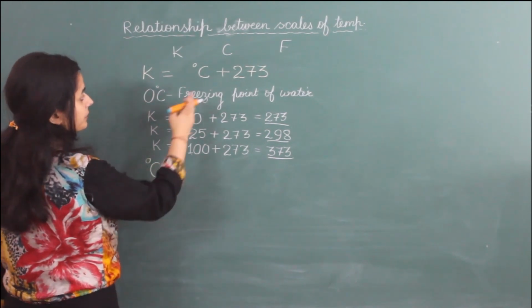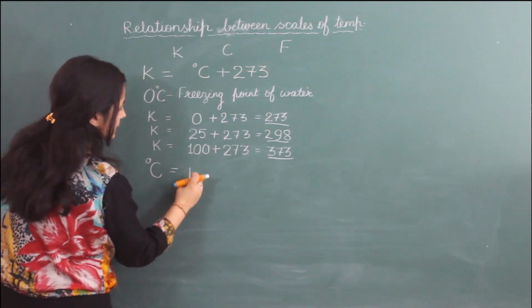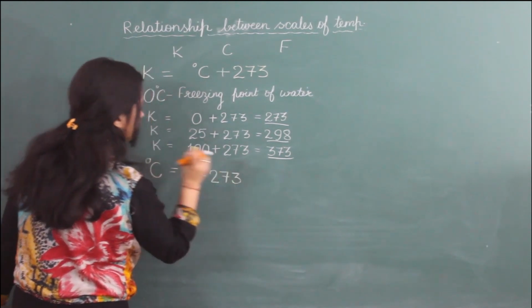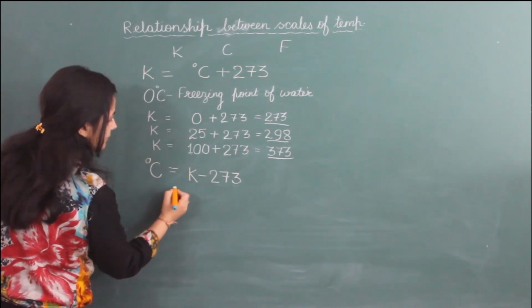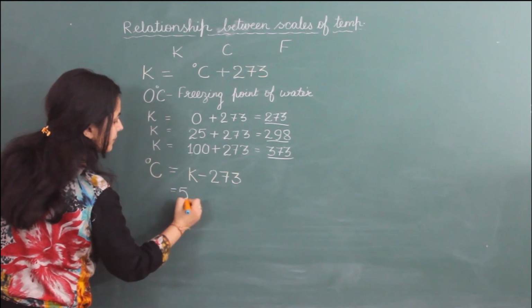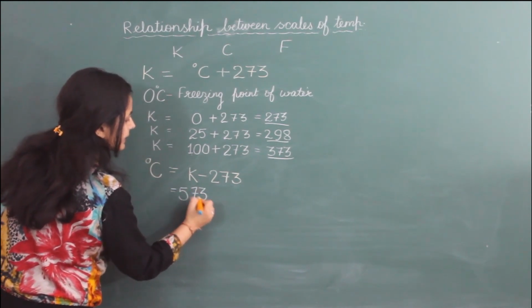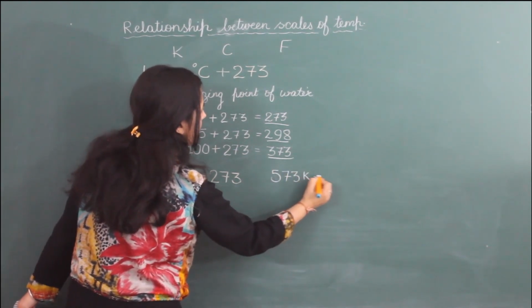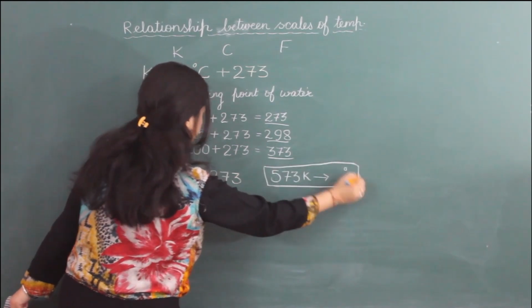Now today we are going to do the next formula: how to convert Kelvin into Celsius. So what will we do? From Kelvin we will subtract this number, so it becomes Kelvin minus 273. For example, if 573 Kelvin is given, I have to convert it into degrees Celsius.